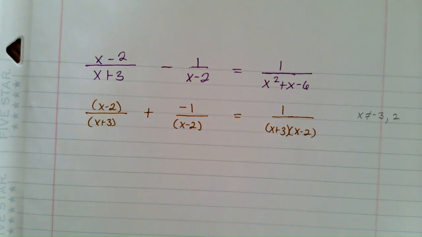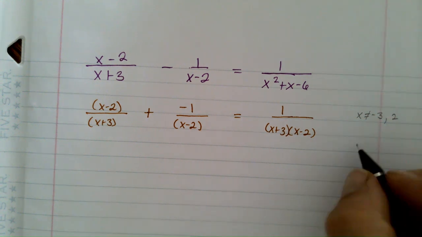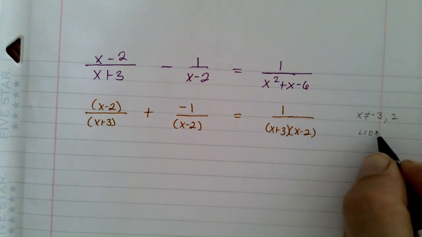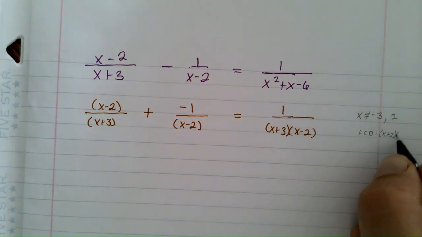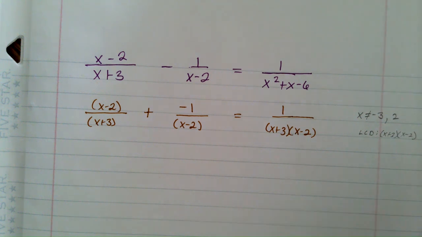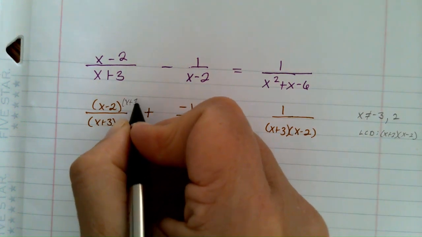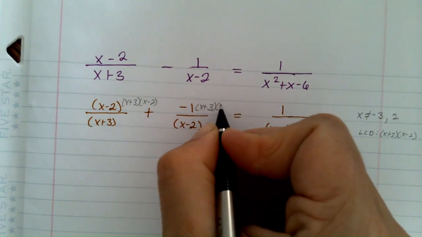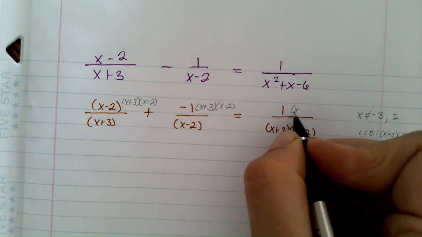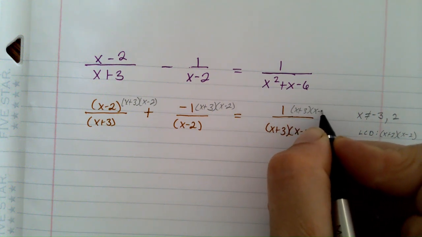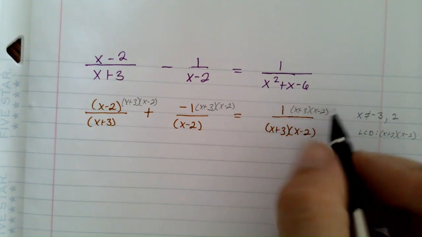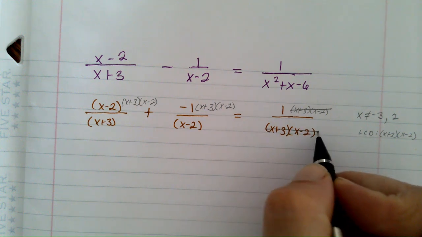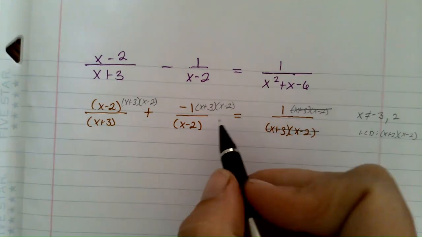So now I multiply everything by my least common denominator, which is just x plus 3, x minus 2. Distribute that. Now, on the right side, both quantities cancel out.